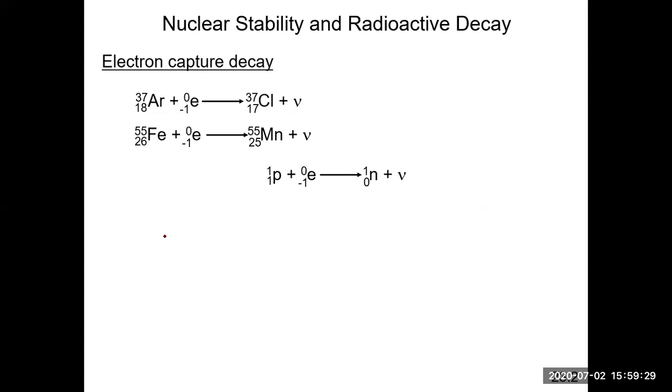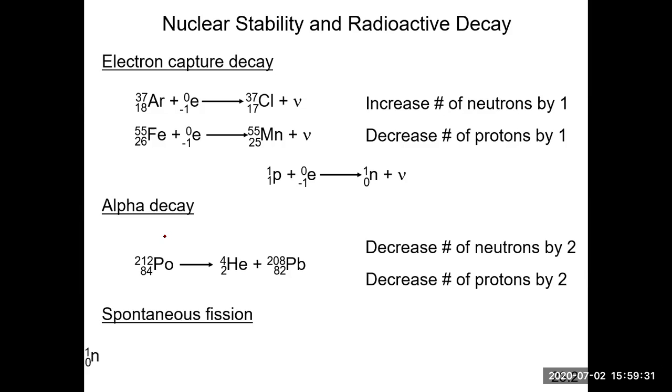Now, electron capture is one of those few that will put the particle on the reactant side. So because this is an electron capture, we actually see the electron on the reactant side. And when we do that, if you just add up the math here, 1 minus 1 gives you 0, and 1 on top, and that's basically a neutron. So we're going to increase the neutrons by 1.